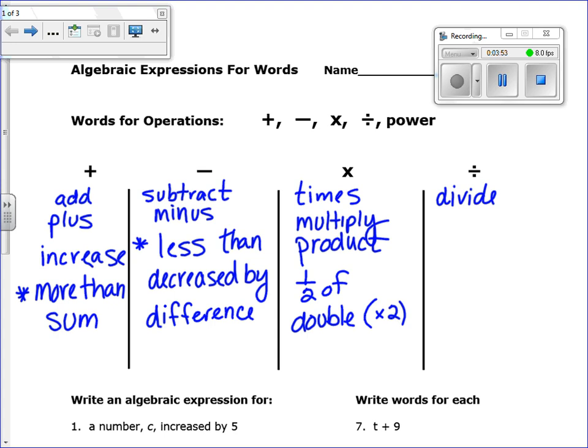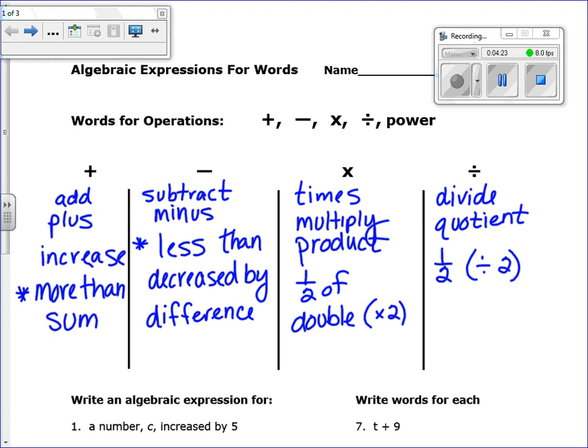For divide, okay, we could say quotient. That's the word that we want to know for divide. Quotient. Okay. Also for divide, we would probably use other words. Sometimes we say half, and that means divide by 2.